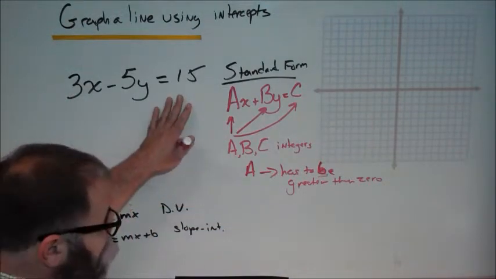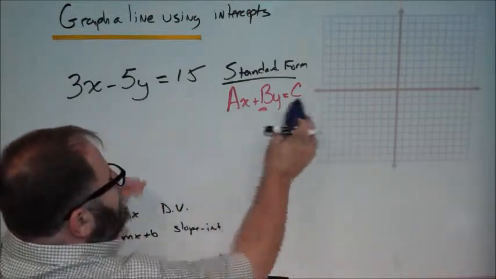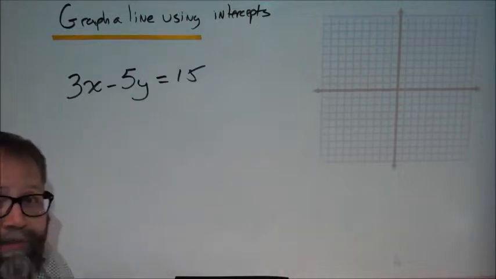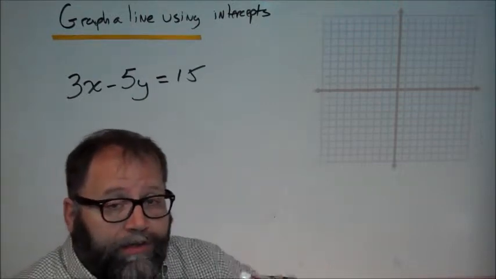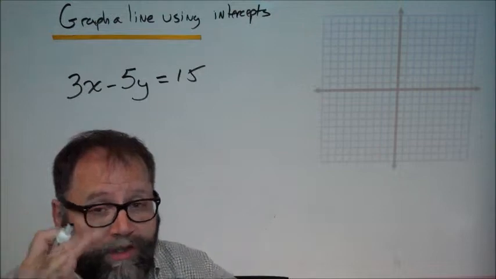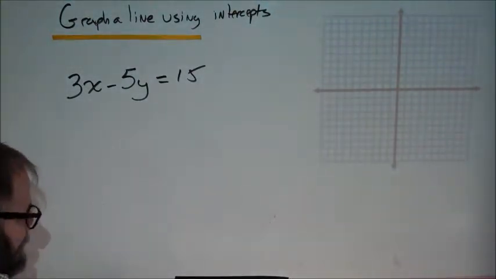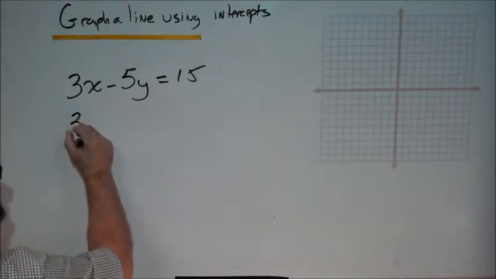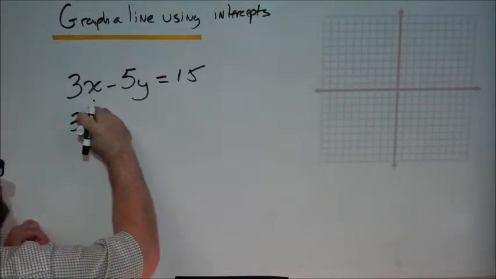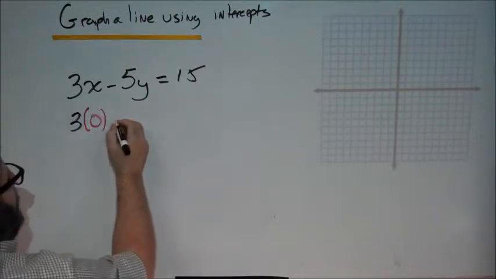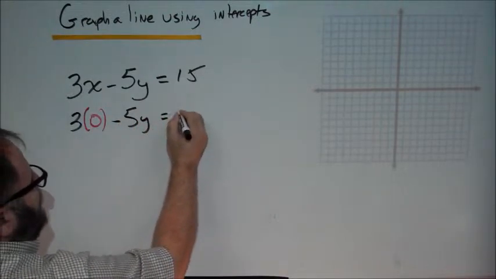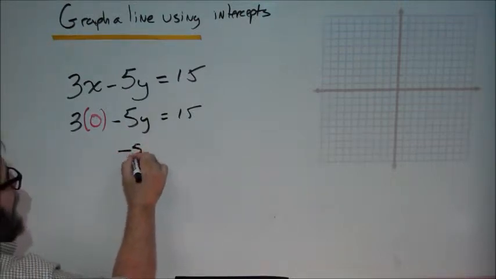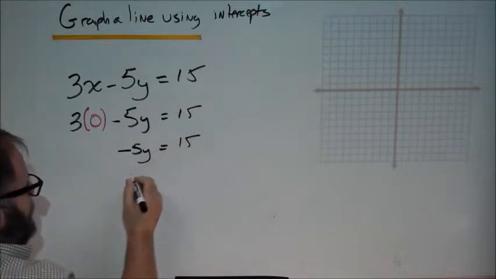So going back to this now, let's look at this. We have an equation that's in standard form, and we want to find our intercepts. So what we're looking for is, where does it cross the y-axis? Where does it cross the x-axis? Let's start by substituting in 0 for x. So we get 3 times 0 minus 5y equals 15. 3 times 0 is 0, which means I've got negative 5y equals 15.